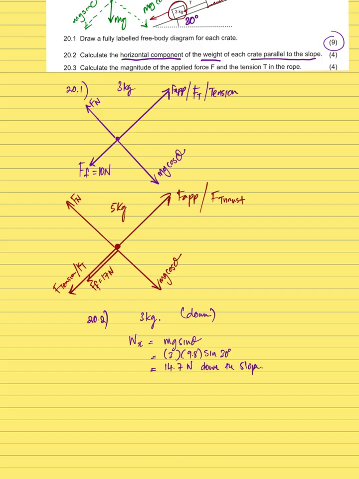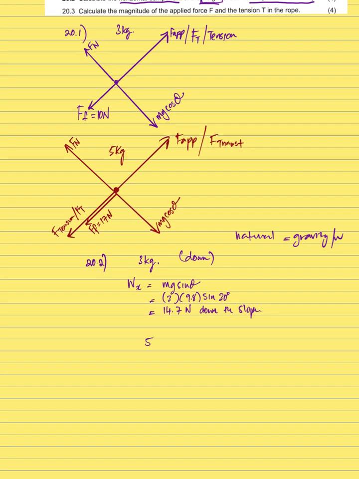That's what would have been natural, because if you read the question, it's talking about the weight, right? And when we talk about the weight, we're talking about gravity and weight go together. All right, naturally for the 5 kilogram object, it will also want to go down the slope, and we do the same calculation. It's mg sine theta.